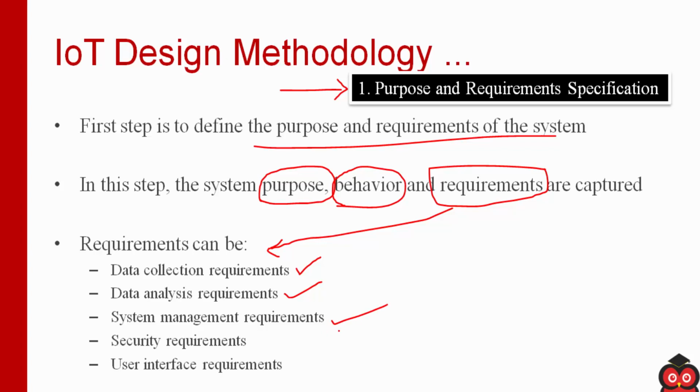System management requirements, what kind of management services the client needs, and are there any security requirements, is any authentication required, such kind of things. And finally, what are the user interface requirements. Let's say you are developing a mobile application for the smart lighting system. In the application, how should the user interface look, is a button sufficient or what kind of options should be there in the application.